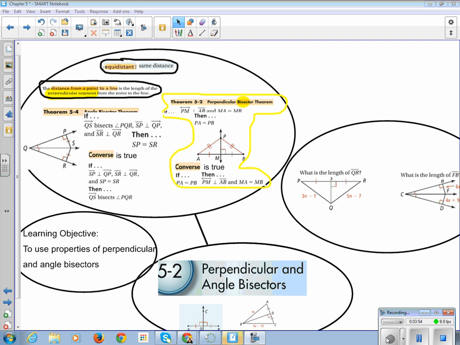So if you have your perpendicular segments as drawn, and SP is equal to SR, then we can say QS bisects angle PQR.